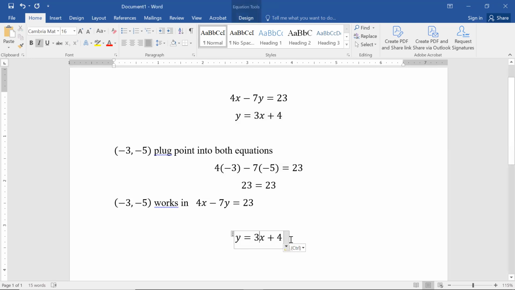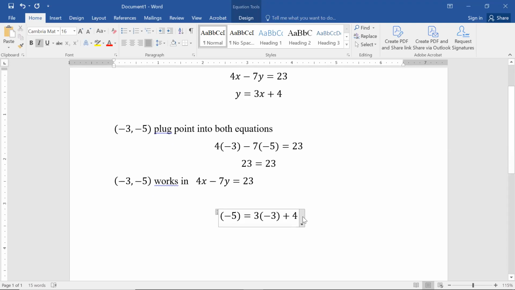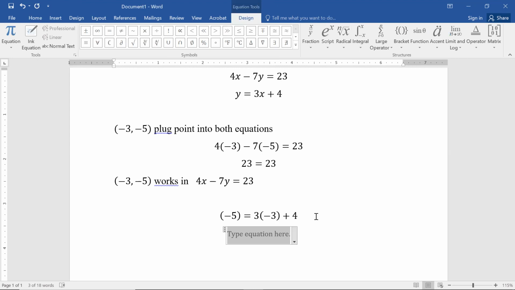And again, plug in negative 3 in for the x value and negative 5 in for the y value. When I do it in the second equation, you'll notice that on the left-hand side, we get negative 5. On the right-hand side, we also get negative 5.